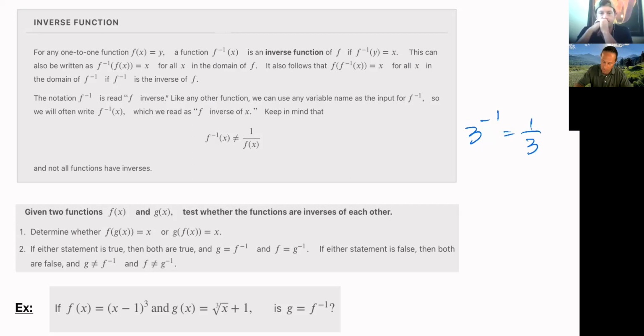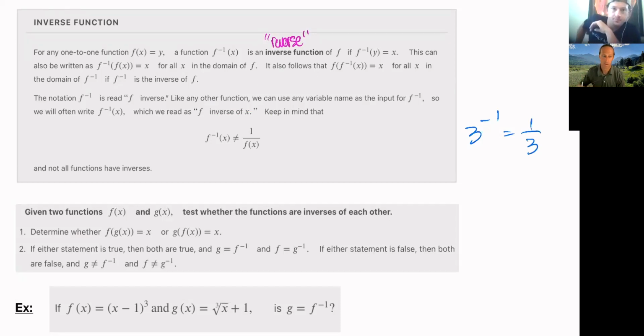Okay? So again, be careful. That's why they put it there. It does not mean that you flip the function. Okay? It means you're going to do what to the function? Don't say inverse. Give me something better. Reverse. Nice. That's what you need to recognize inverse as.